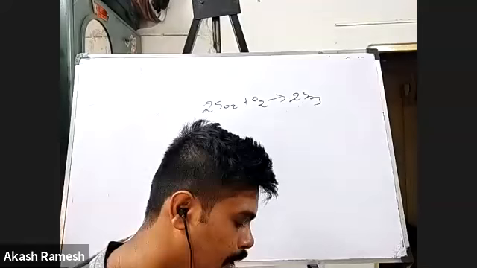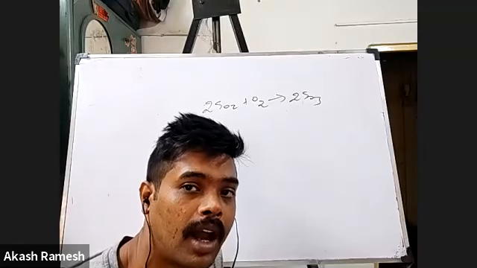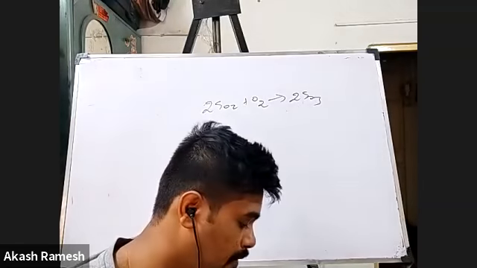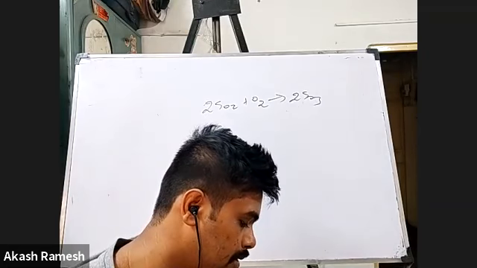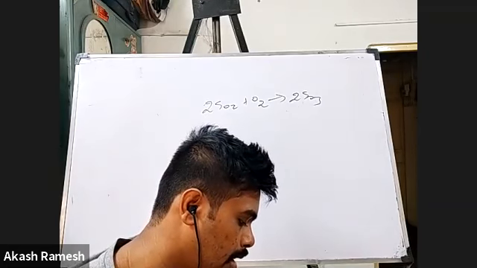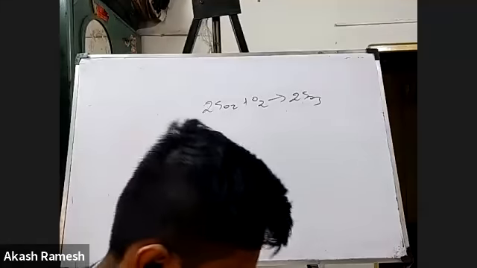They're asking, find the rate of disappearance of SO2 and O2.